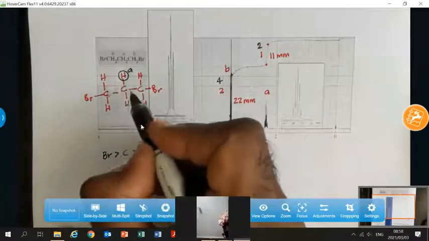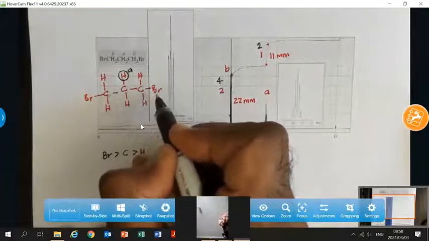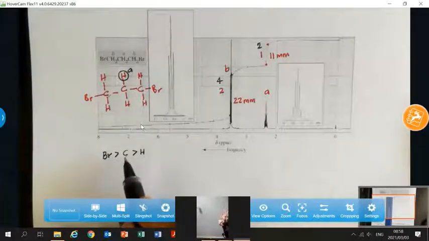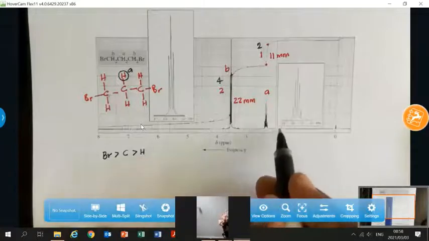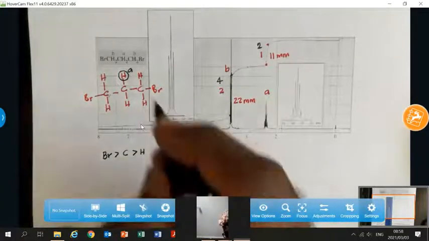So I looked 1, 2 bonds away, carbon, carbon, hydrogen. The third bond was to the bromine, and that bromine was an electronegative atom, more electronegative than carbon, all right? And that's why you find the de-shielding effects of that bromine atom.